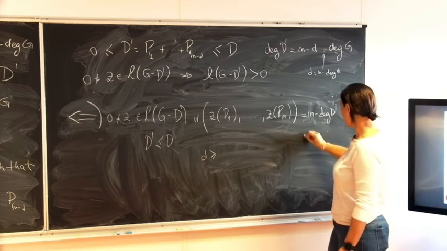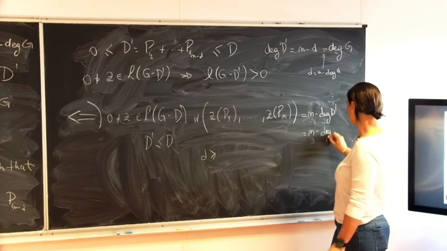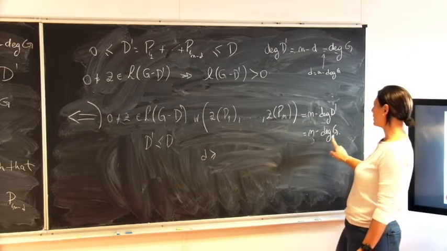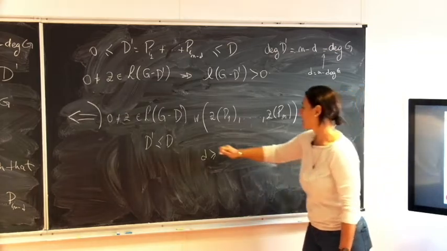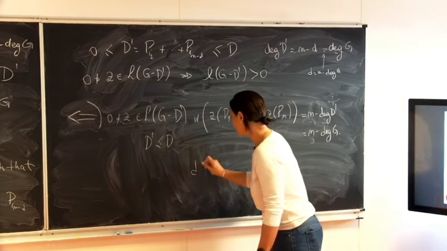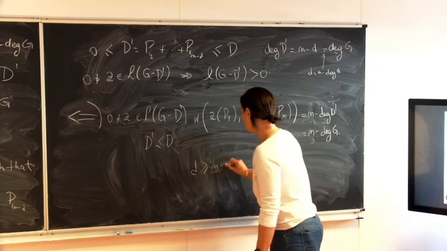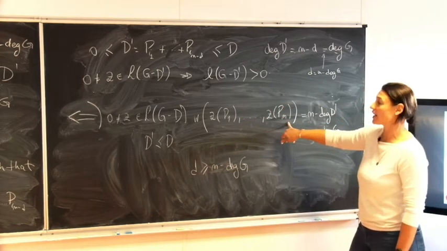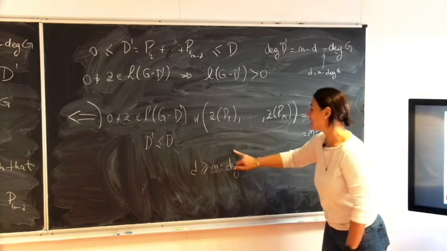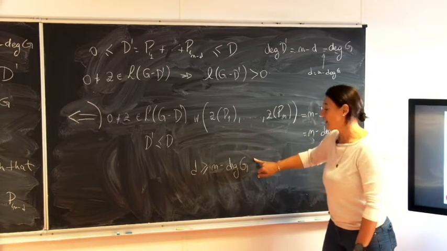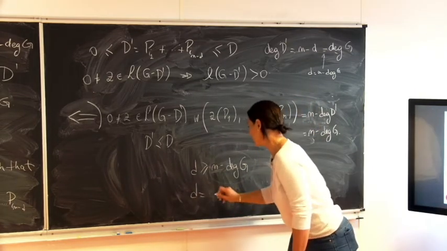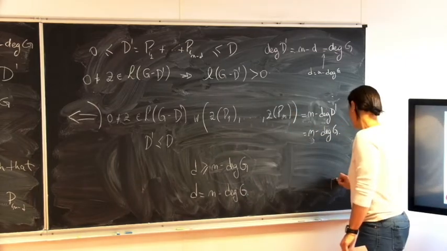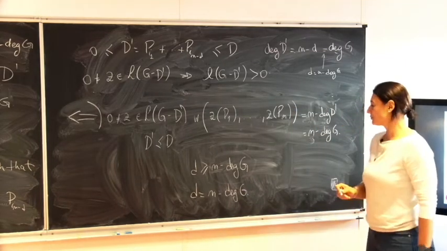Since the degree of D prime is the degree of G, this word has weight n minus the degree of G. And now, since I always know that the minimum distance is greater or equal than n minus the degree of G, and I have found a word inside the code that has exactly this weight, then the minimum distance has to be this, n minus degree of G. And so I end it.